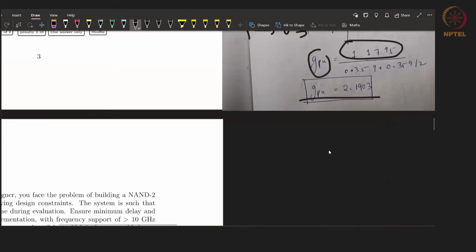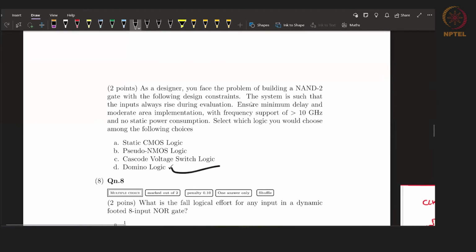The reasoning for that would be that the NAND 2 gate, the system it supports a frequency of about 10 gigahertz, right? So that is it says that it is supporting high frequencies, and it says there's no static power consumption. So that means pseudo NMOS logic cannot be used.